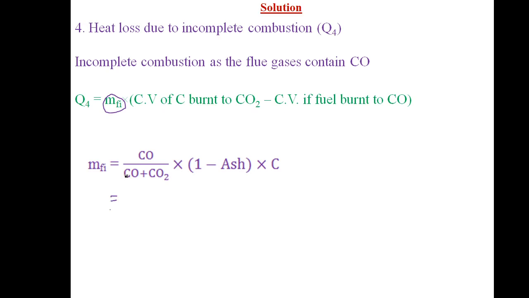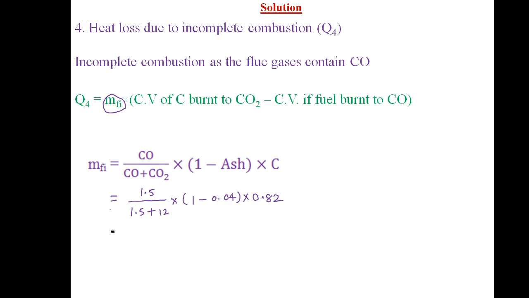To find the mass of fuel burned incompletely, the presence of carbon monoxide is 1.5 divided by CO plus carbon dioxide, which is 1.5 plus 12 percent, into 1 minus ash. The ash percentage is 4 percent, meaning 0.04, into the carbon percentage in the fuel, which is 82, meaning 0.82.